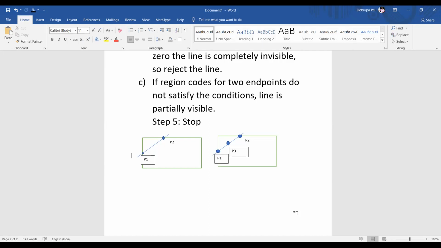This algorithm is mainly used to compute visible areas of lines that are present in the viewport area or the sector of the image. So this is how the midpoint subdivision algorithm works.